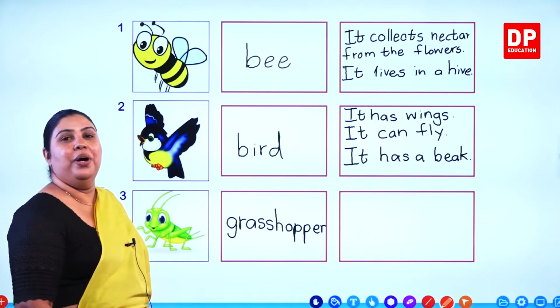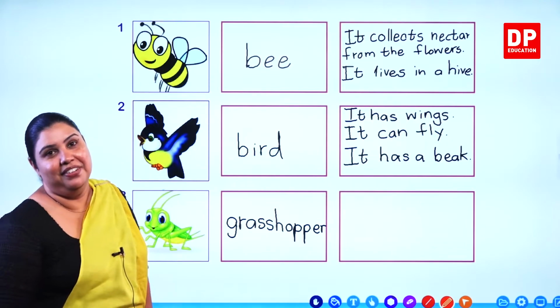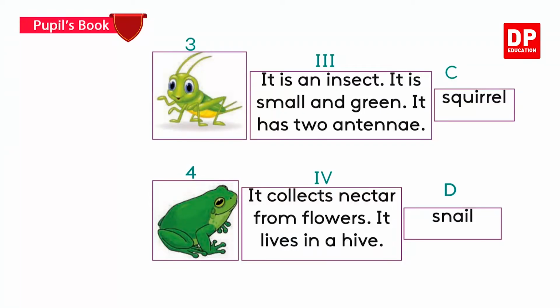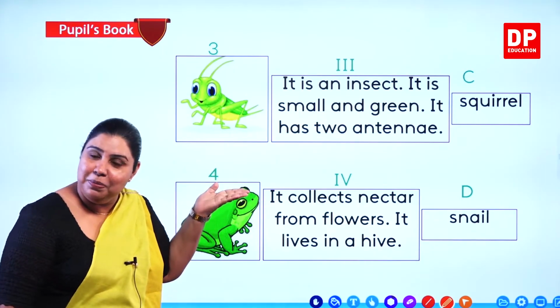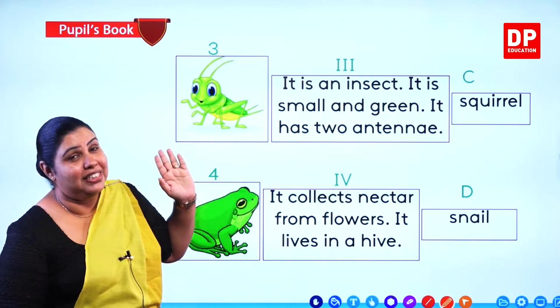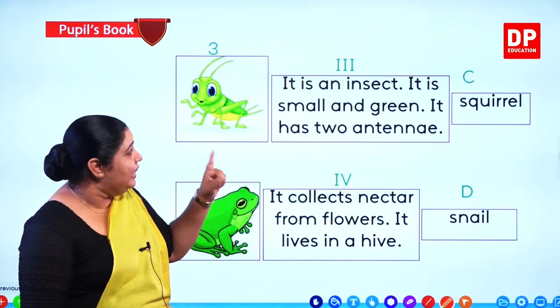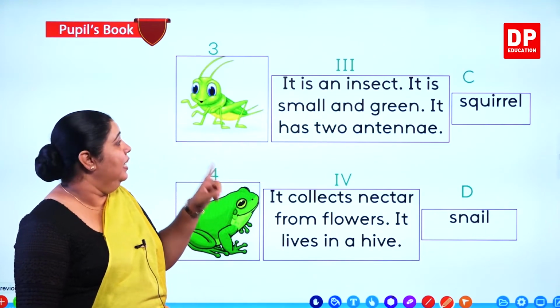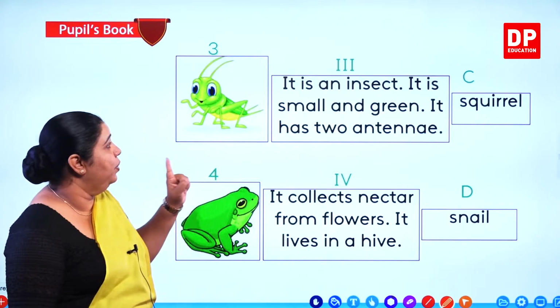Now we are going to go and find that. We will find the description and we will write. Right. So now we have found the description of the grasshopper. What does the description say about the grasshopper? It is an insect. It is small and green. It has 2 antennas. Right? So now we are going to write that.